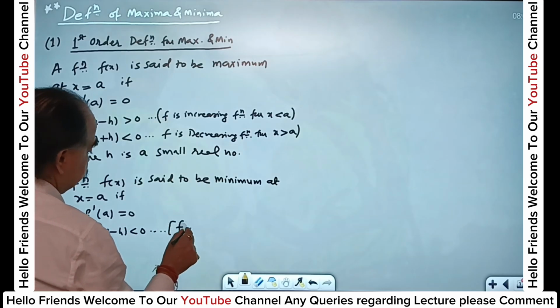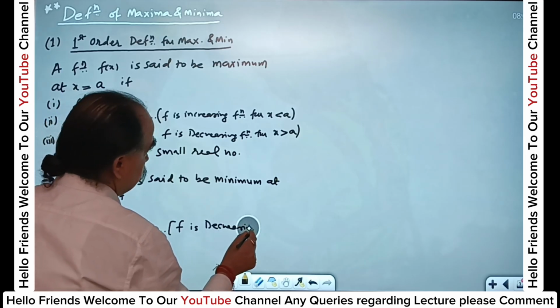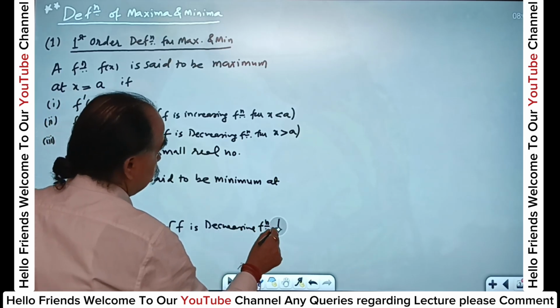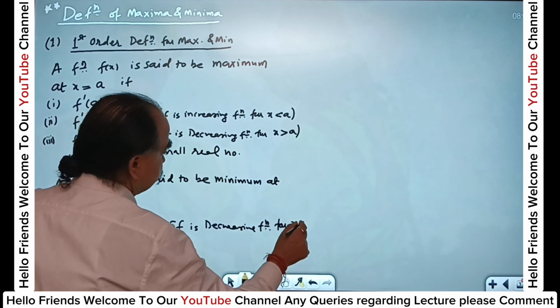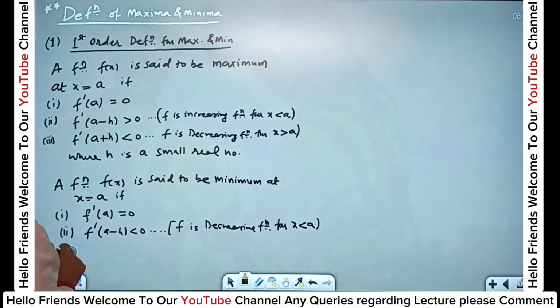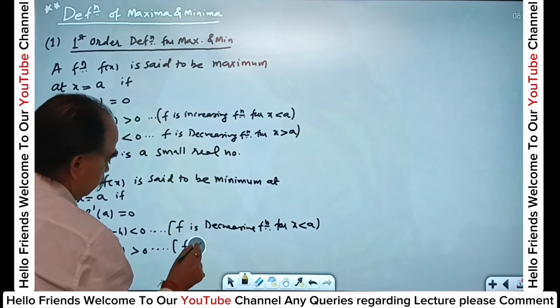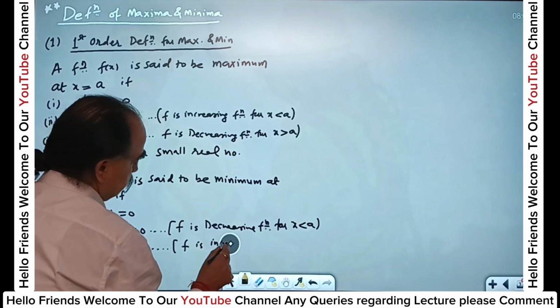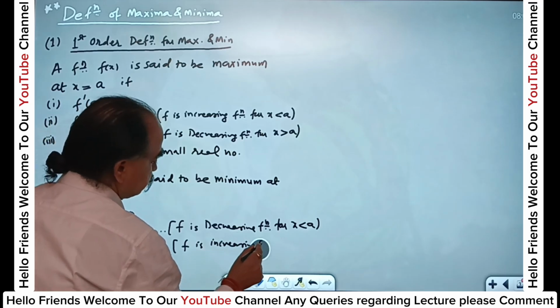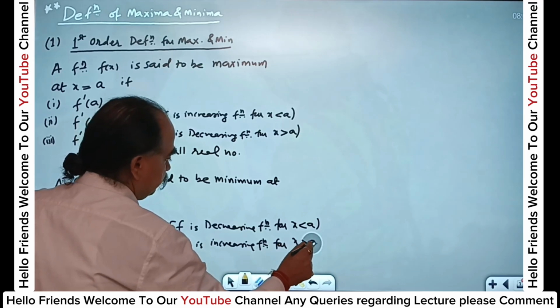So that is, f is decreasing function for x less than a. And number three, f dash a plus h is greater than 0. That is, f is increasing function for right side to a.